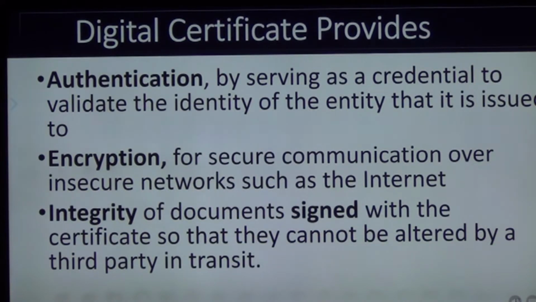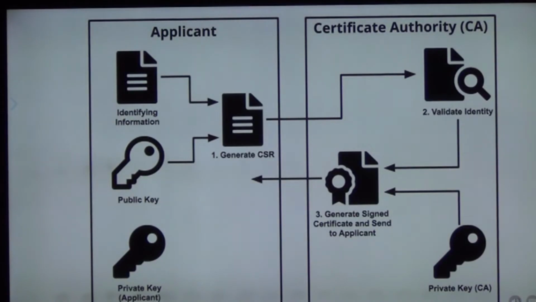So a digital certificate is very important: you as an entity send an application to the certification authority. The certification authority has a way to validate whether you are the person, and if it validates, it sends you a certificate, and you use the certificate, and certificates validate your public address. That's it.